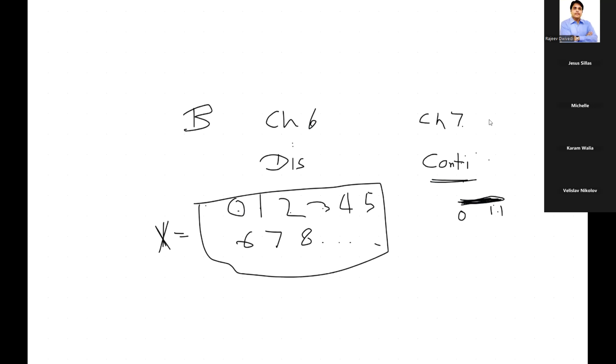So if you understand discrete and continuous, let me start with chapter number 6 first, and let me briefly explain all the distributions. So let me clear this. Is it clear what is discrete and what is continuous?